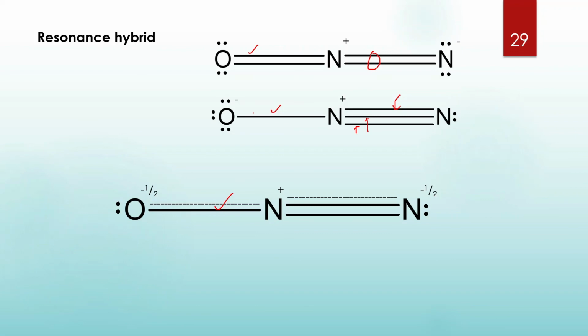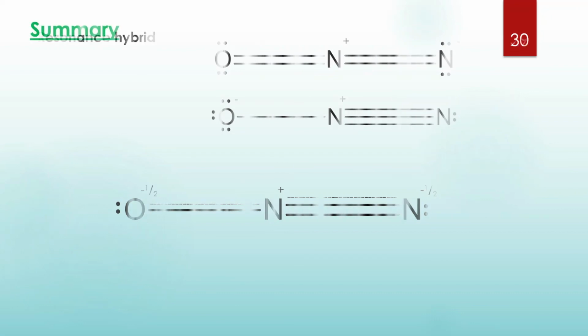So we draw a dotted line there, and then we put the charges. So here you have -1 and 0, so minus half. Again, plus is found in both, so we just put plus. Here we have 0 and -1, so -1 divided by 2 is minus half. So this is the resonance hybrid for N2O.